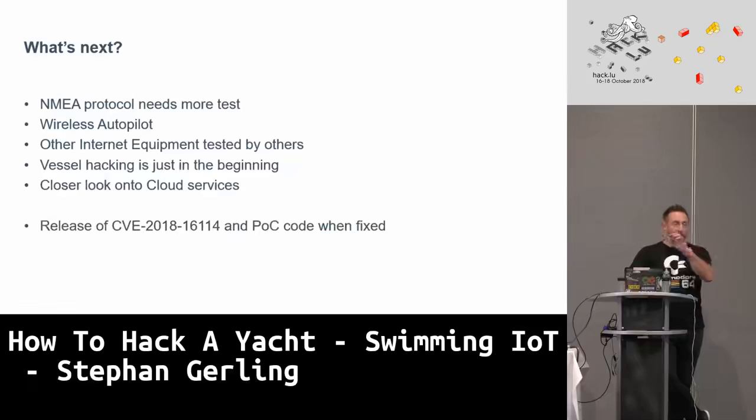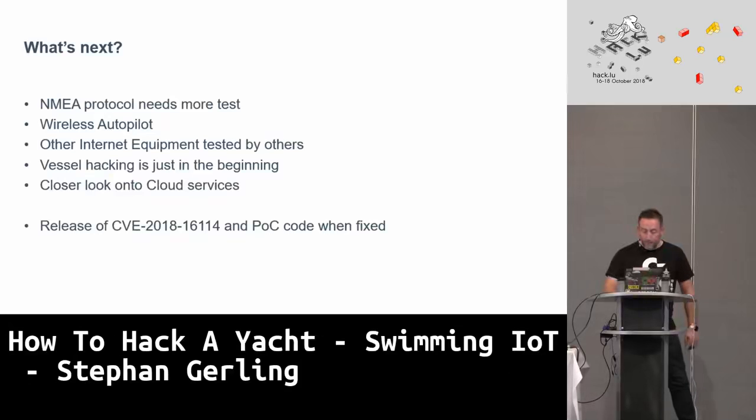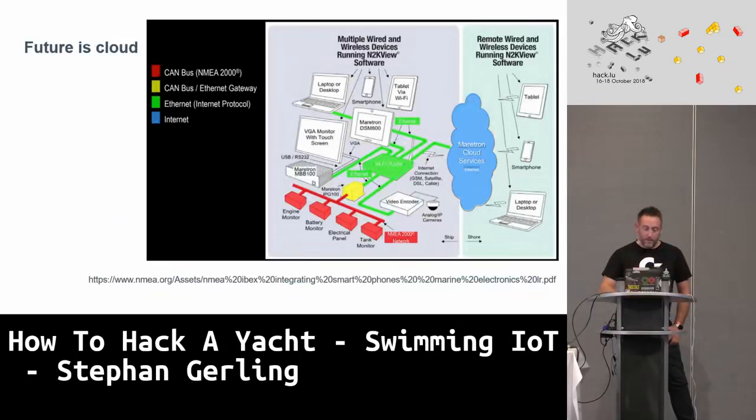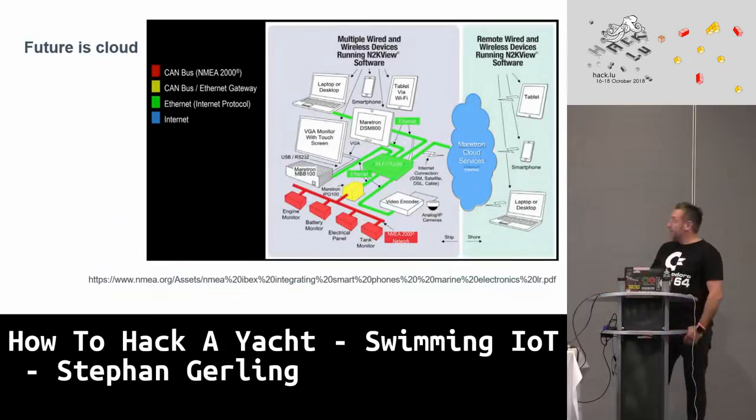It then puts the information in a temporary file on the website, where you can later go and download it without authentication. The details I can publish completely when it is fixed. And yeah, what's next?